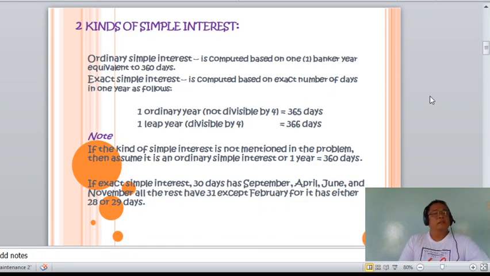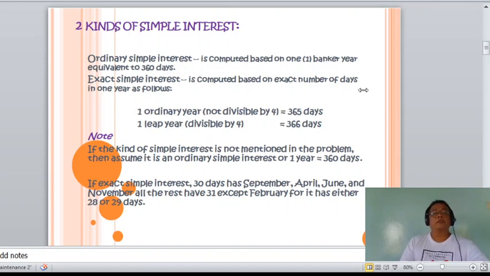So there are two types of simple interest. One is the ordinary simple interest. So what is this ordinary simple interest? It is computed based on 1 banker's year, equivalent to 360 days.